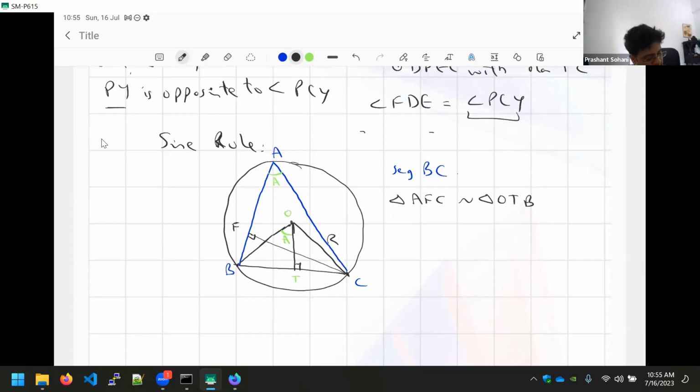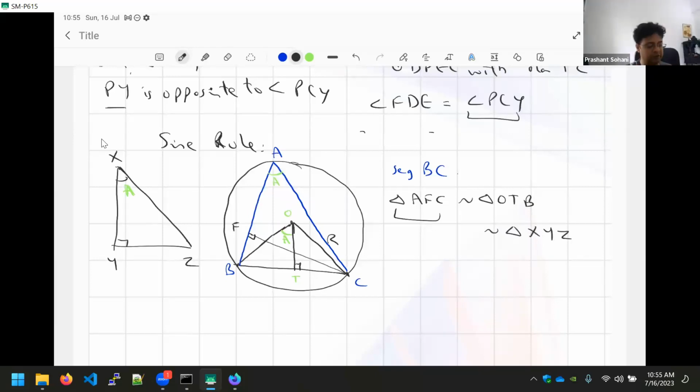But what I'm saying is that, as I said earlier, there is nothing special about triangle AFC. If I have any triangle of this kind where one angle is 90° and the other angle is angle A, and I label this XYZ arbitrarily, do you see that this is also similar to this triangle XYZ by the same logic?